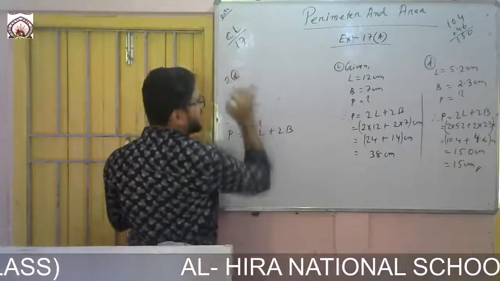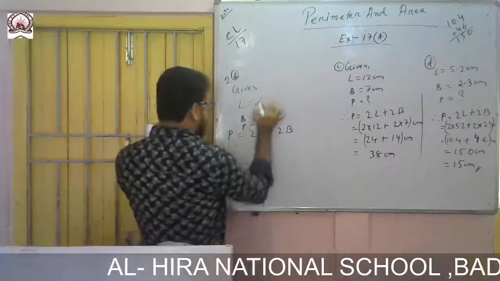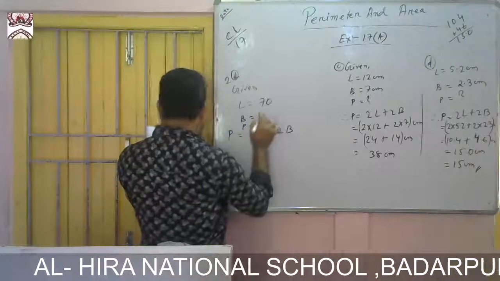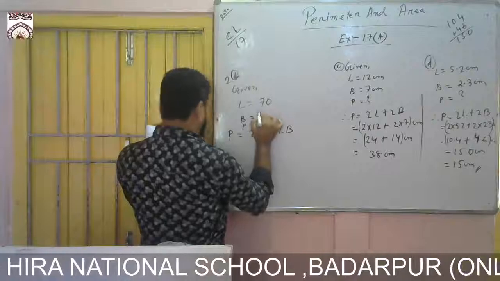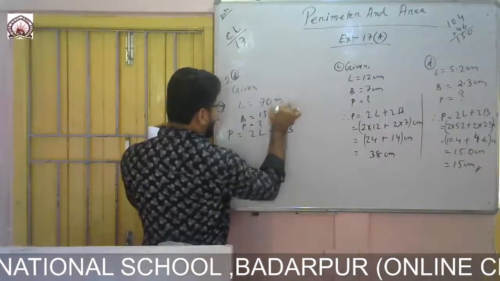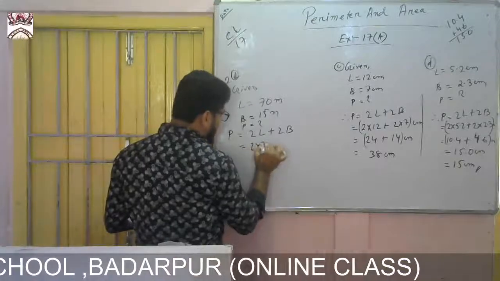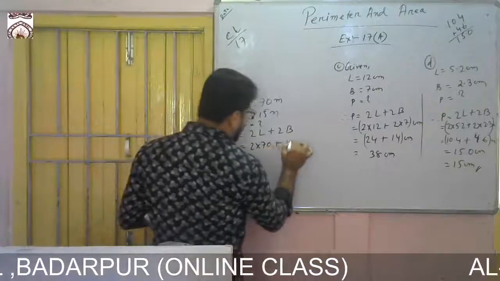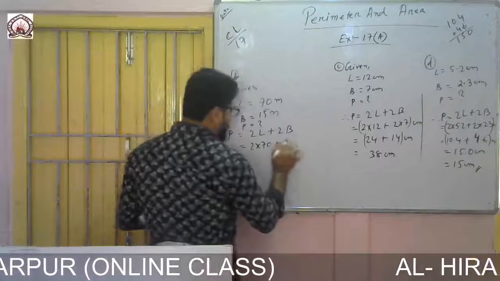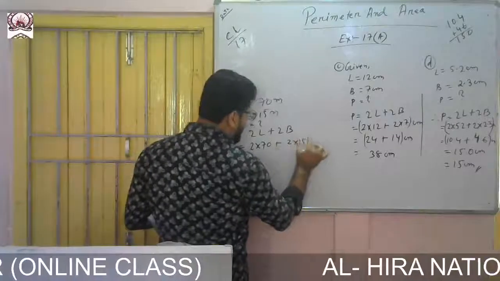Sorry, E. So length is 70. And here breadth is 15 meter. Okay. So 2 into 70 plus 2 into 15.